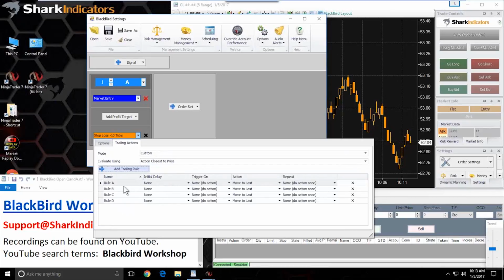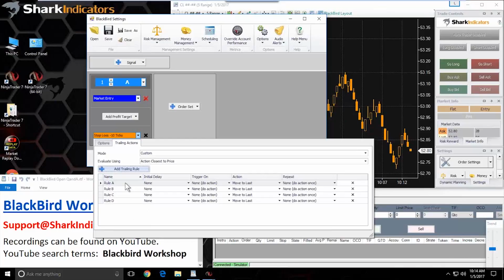If all 4 are trying to move your stop loss to a different price offset, you have to decide which one of these 4 has the priority. And that's what evaluate using does.